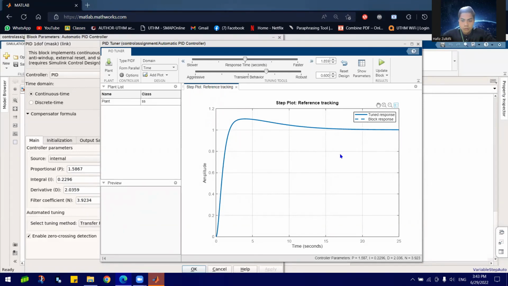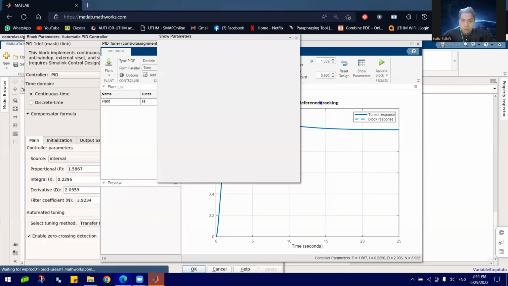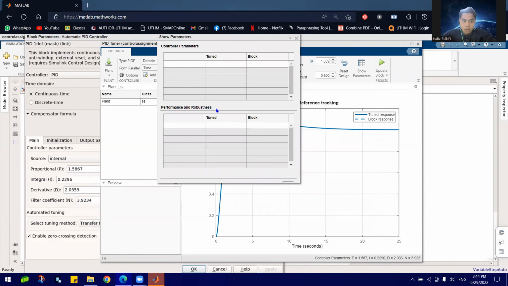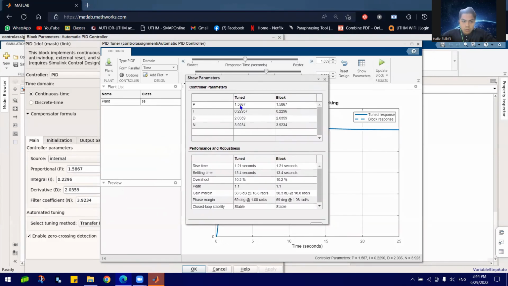This is the graph created from the automatic tune. Let's show the parameters of the automatic tuning. This is the exact value. It's the same as what I entered in the controller parameters manually, so this block's parameters can be assumed as automatic.